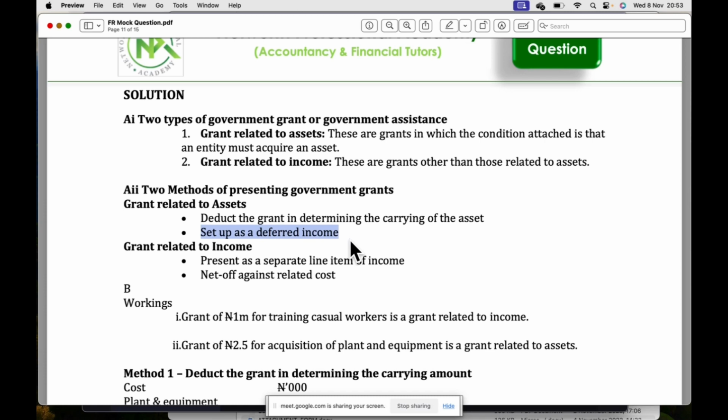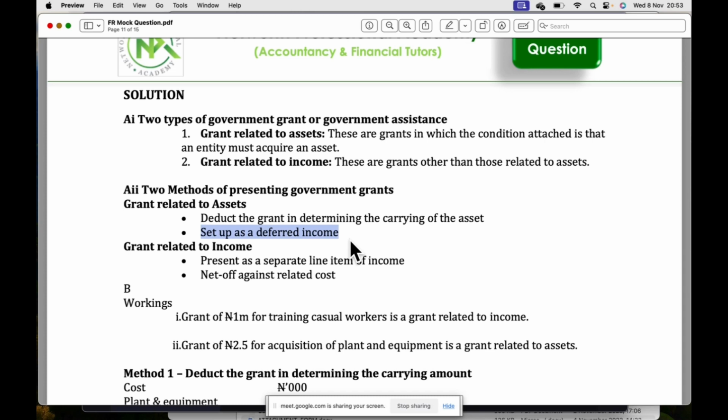So at the end of year one, let's say the useful life is 3 years. That means you're supposed to recognize 10,000 every year. So at the end of year one, you recognize 10,000 as income. The remaining 20,000, you defer it as liability, meaning that this one you have not earned it yet. So you just defer it and put it as a non-current liability since it's in the next 2 years, right?